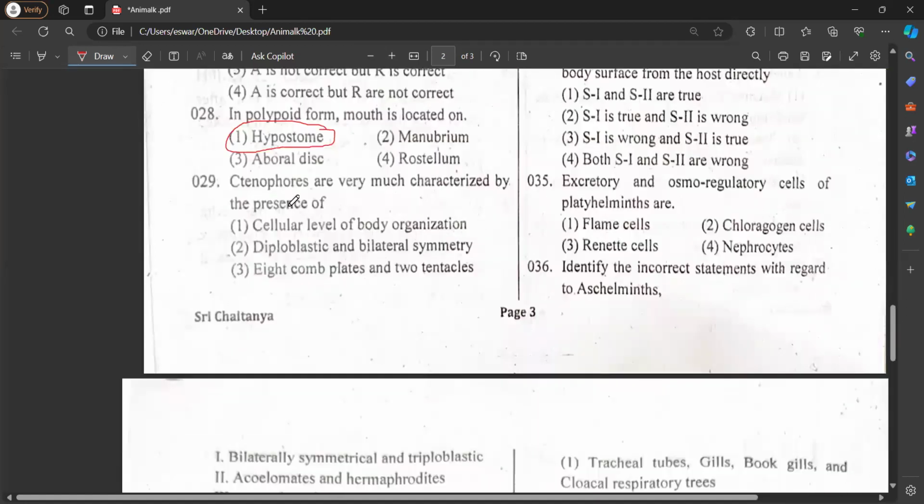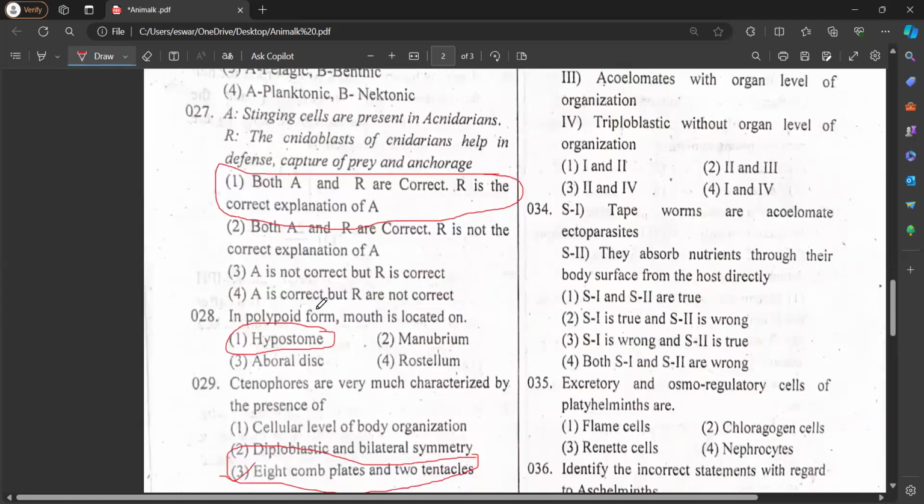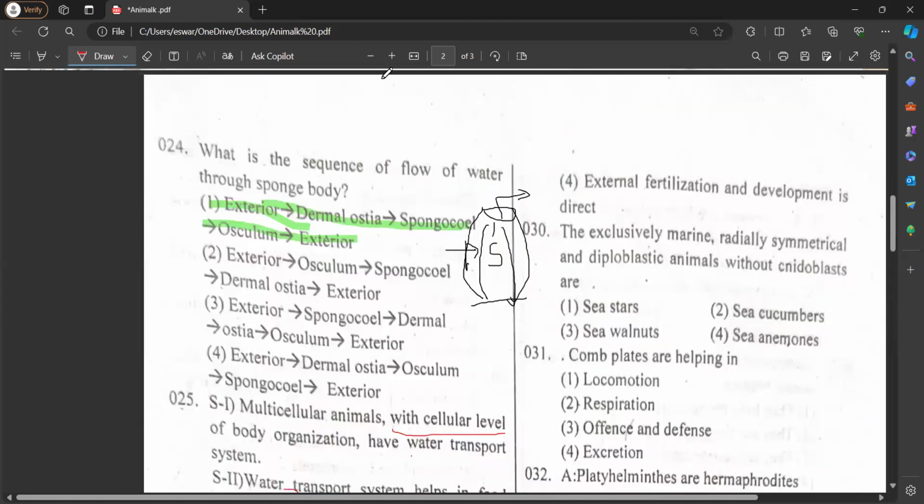So here, ctenophores are very much characterized by the presence of 8 comb plates and 2 tentacles. The function of comb plates is locomotion. Clear?